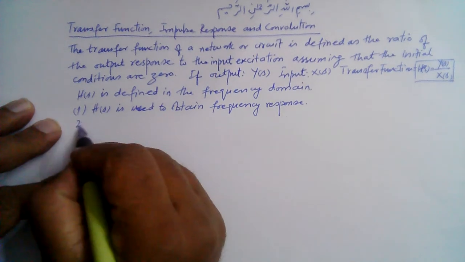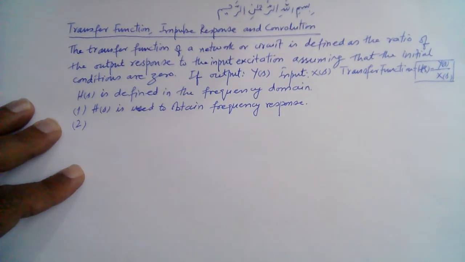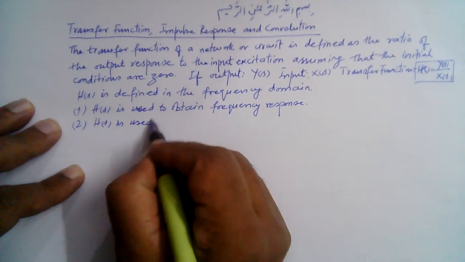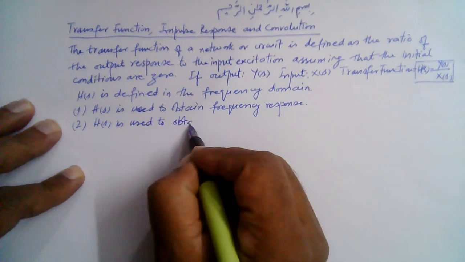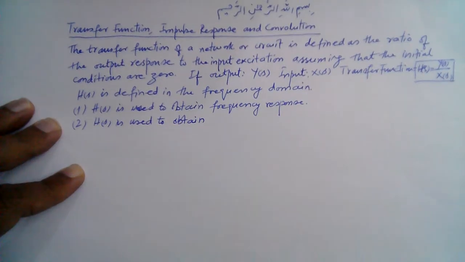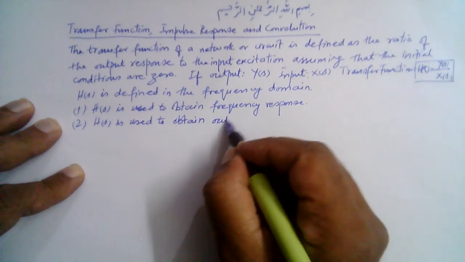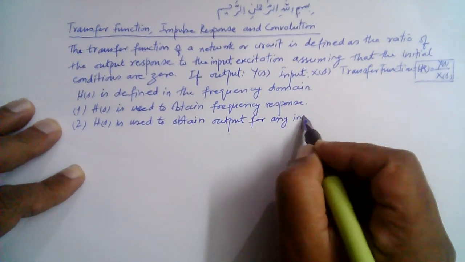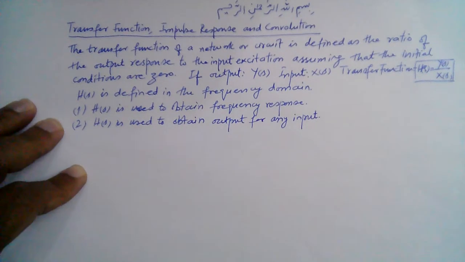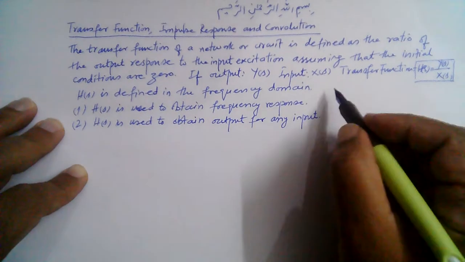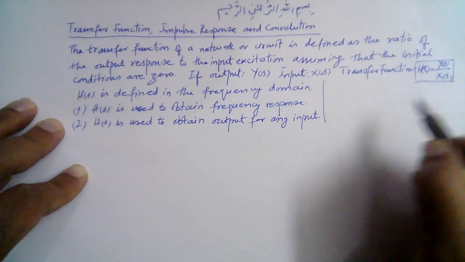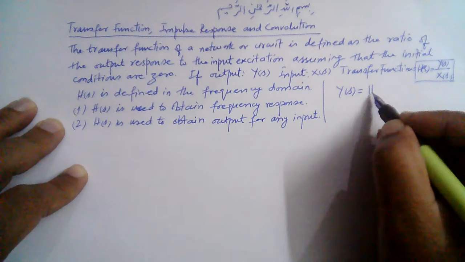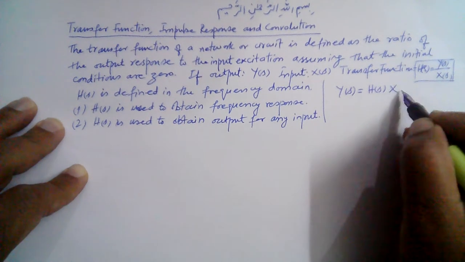So h of s is also used to obtain the output for any input, right? Because, for example, here y of s is equal to h of s multiplied by x of s.